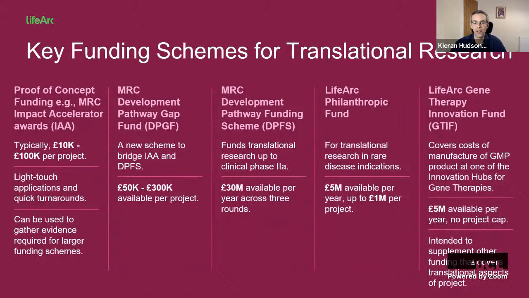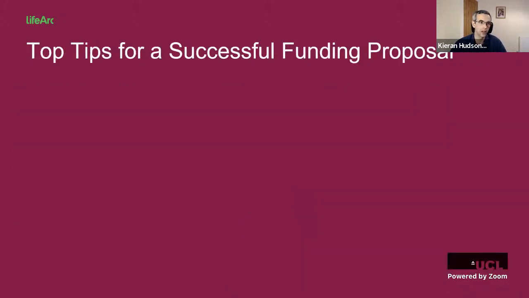There's also 5 million available per year for that, and it's not capped per project, so they can be bigger grants as well. But it is intended to supplement other funding, which covers the translational aspects. The GTIF only covers the manufacture. But I'd encourage you to reach out to us if you have questions about LifeArc funding, because we're always happy to discuss your research and where the opportunities are.